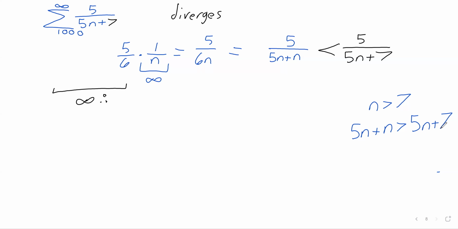We no longer have 5's, but that doesn't matter. We've got a constant times 1 over n. We've got a constant times the harmonic series, and the harmonic series is infinite. The harmonic series diverges, and 5/6 of infinity is still infinity. So this diverges, but we had to totally change our argument.